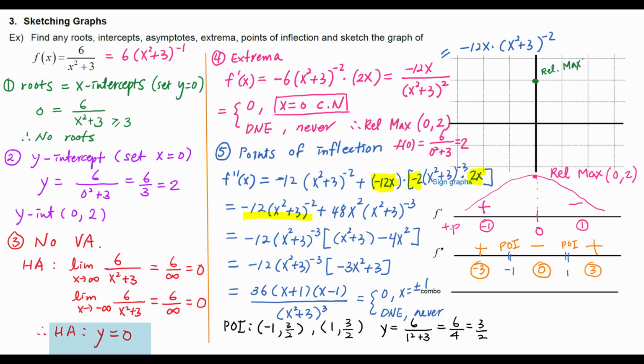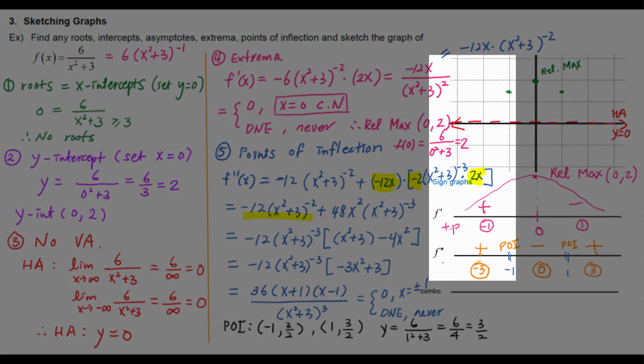I do have a horizontal asymptote, y equals 0, which is the x-axis. Next, points of inflection; we had 2 of them. Negative 1 comma 3 over 2, and 3 over 2 is 1.5, so negative 1 comma 1.5 is an inflection point. I have another one at 1 comma 1.5.